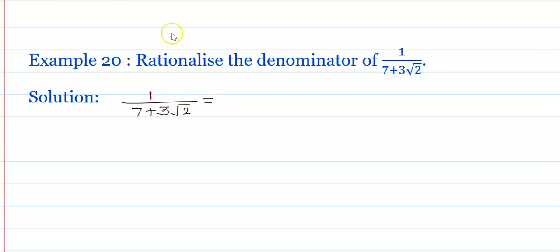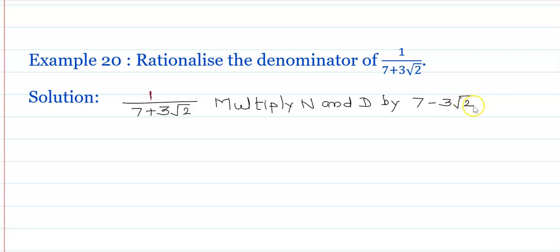Here again we use the conjugate part. Multiply n and d by the conjugate of 7 plus 3 root 2, which is 7 minus 3 root 2.